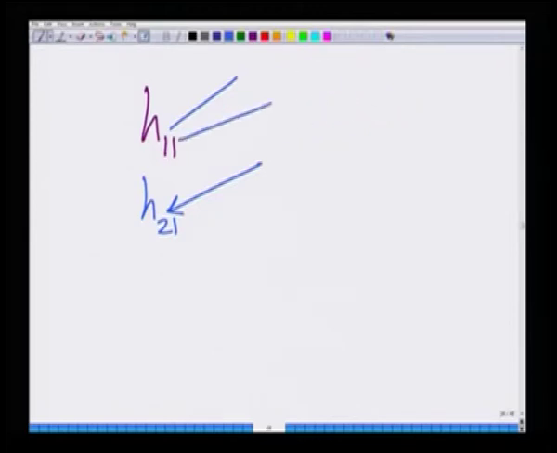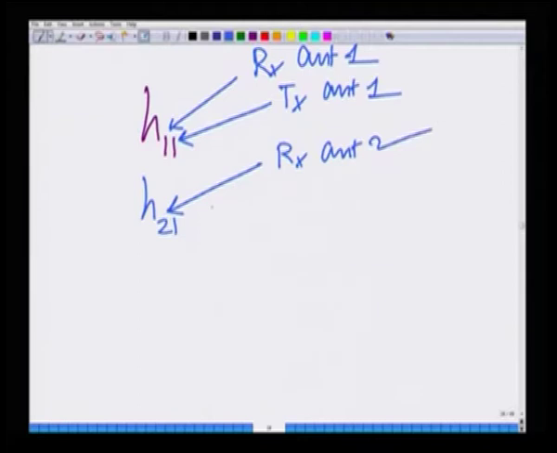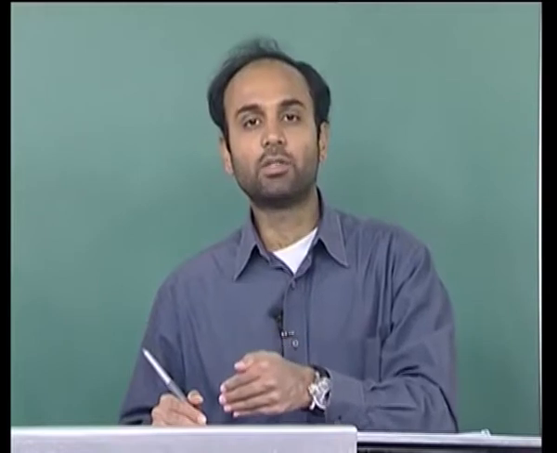This is Rx antenna 1 and Tx antenna 1. H21 is between Rx antenna 2 and Tx antenna 1.